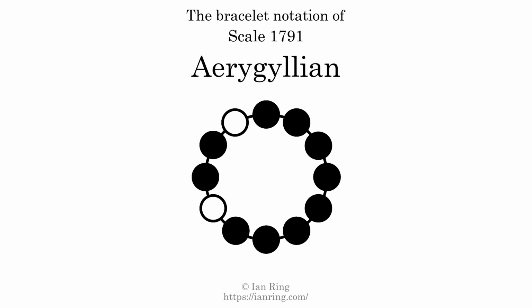This is a bracelet notation diagram of scale 1791. The shaded circles represent tones that appear in the scale, and they are read clockwise, starting at the top.